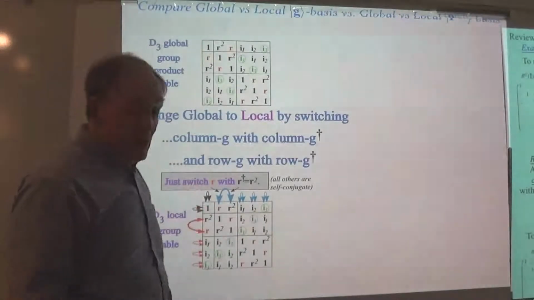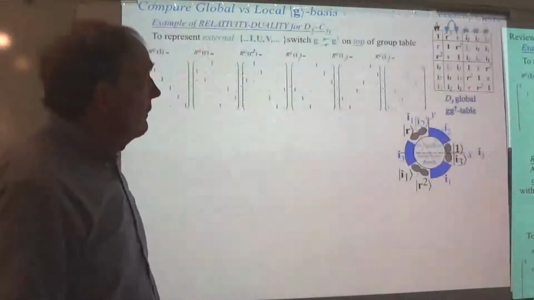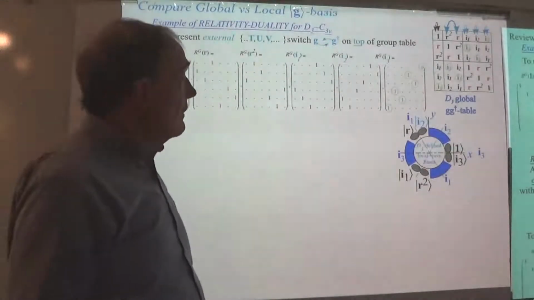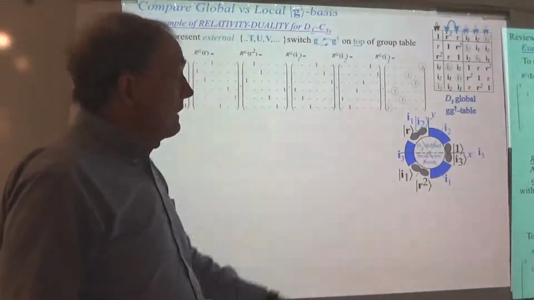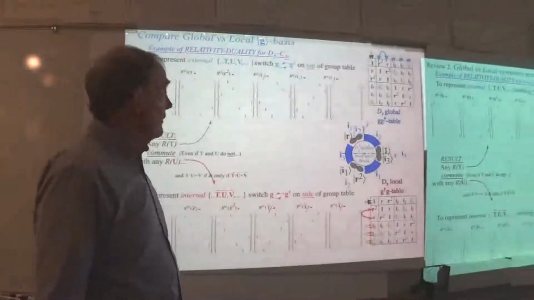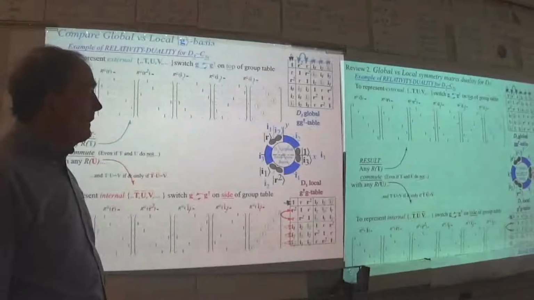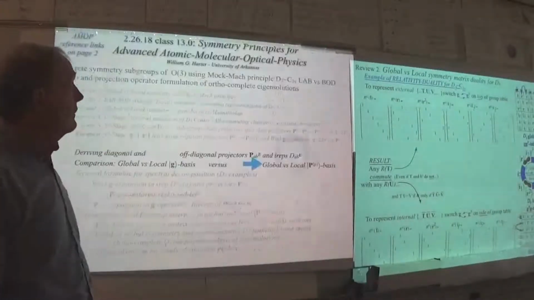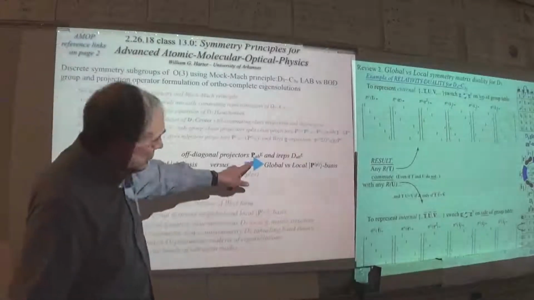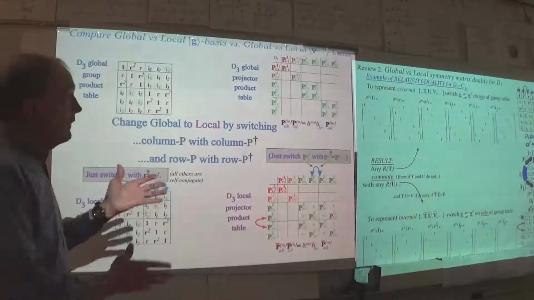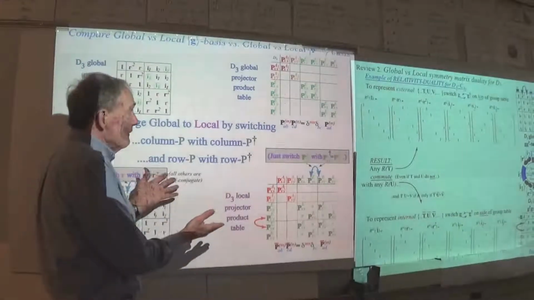What about something that gives us the matrices for a projector? You see, this is the thing that we have right there. That's just the global part of it, and there's the local part right there. So it's just a copy of that particular thing. Now we're going to take the projectors into account. Okay? And here's their multiplication tables.